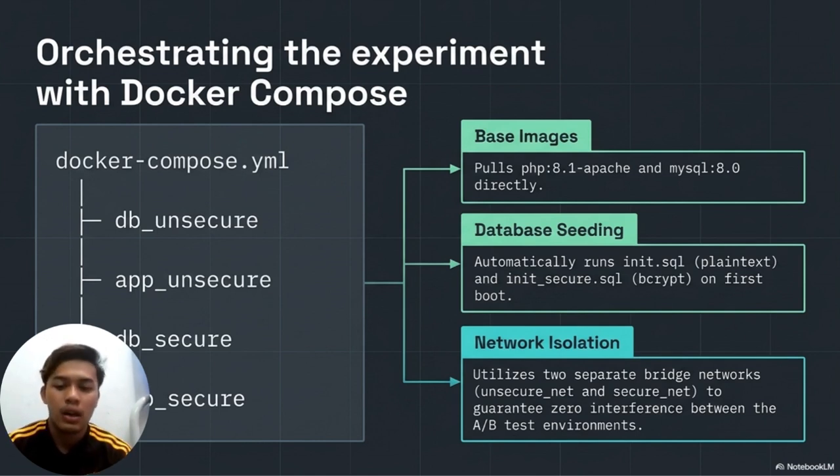The databases are automatically initialized, with the vulnerable version storing plain text passwords and the secure version using bcrypt hashing. This setup allows us to compare both environments fairly while keeping them isolated from each other.